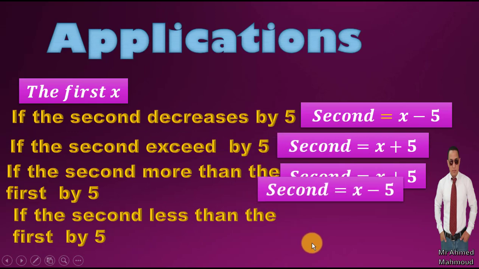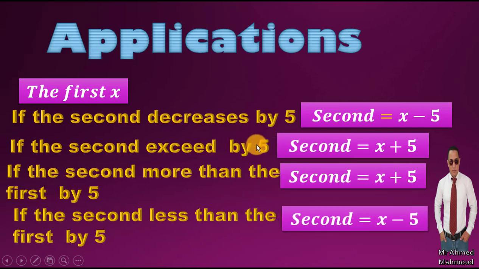Okay, so we use decrease as minus and exceed as plus and more than as plus and less than as minus only if we have two numbers. Again, if we have two numbers, decrease becomes minus and exceed becomes plus and so on.